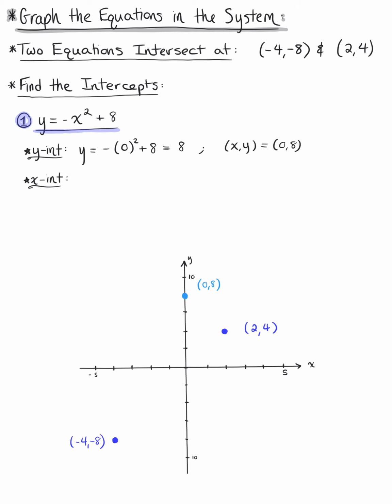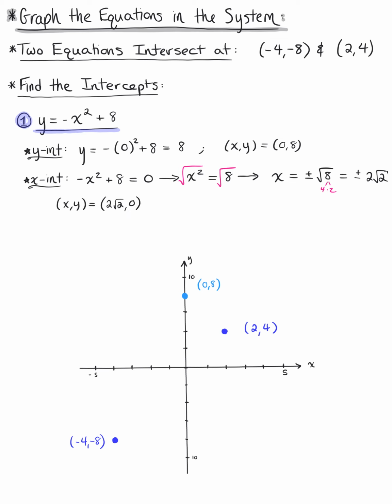And for the x-intercept, here we're going to let y be equal to 0 and solve for x. So in this case, we can see that x is equal to plus or minus the square root of 8, which we can simplify to plus or minus 2 times the square root of 2. So we have two x-intercepts, one at positive 2 square root of 2, 0, and the second at negative 2 square root of 2, 0.